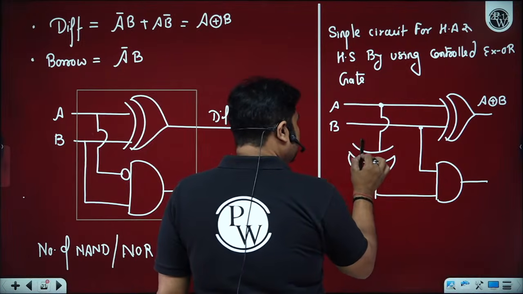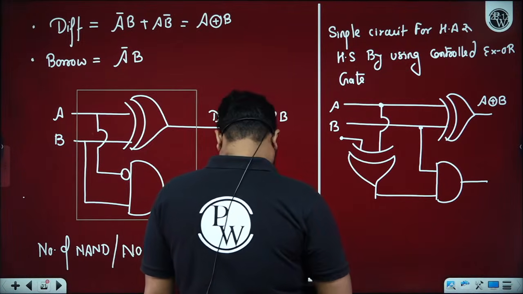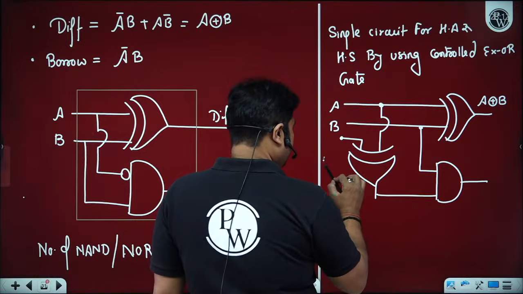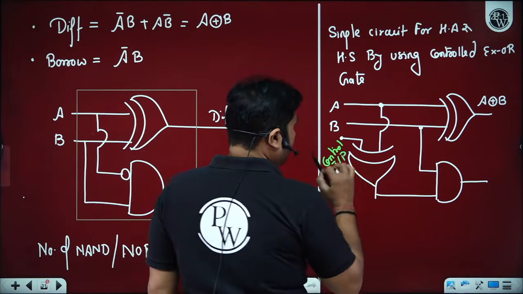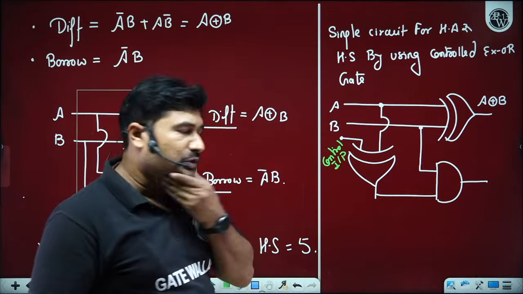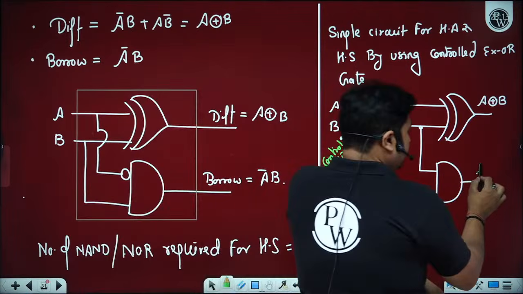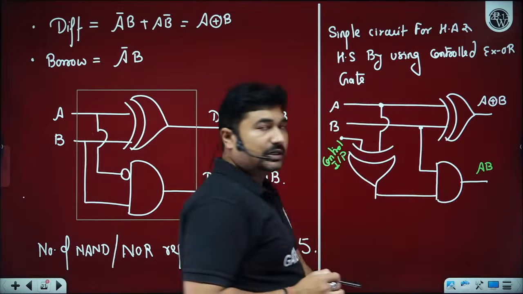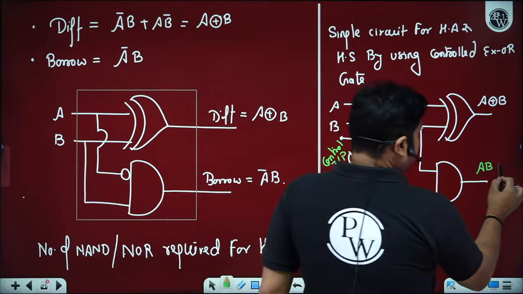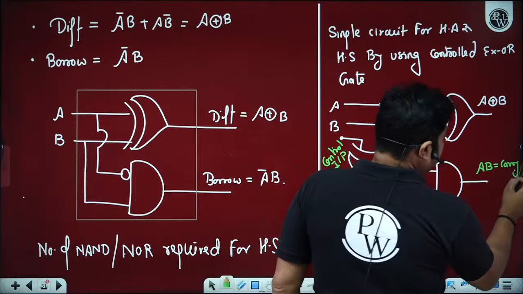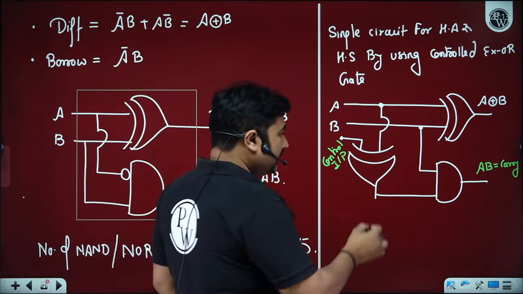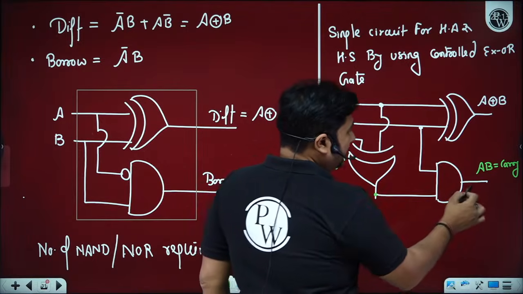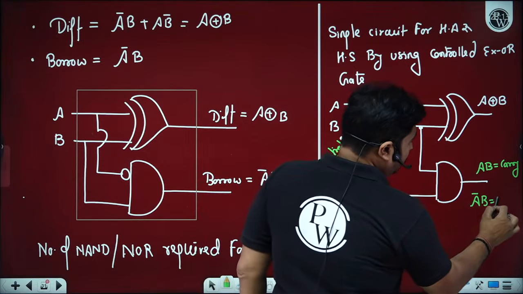So I can use here a control input. If this control input is 0, it will act as a buffer and we will get AB, which is the carry, meaning half adder operation will be performed. If the control input is 1, then we will get A bar, and A bar B is the borrow.